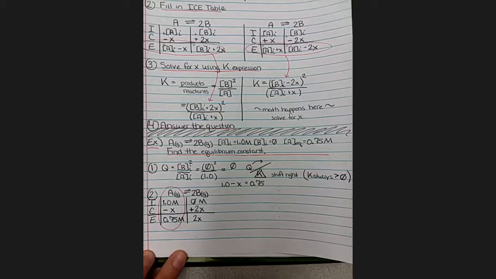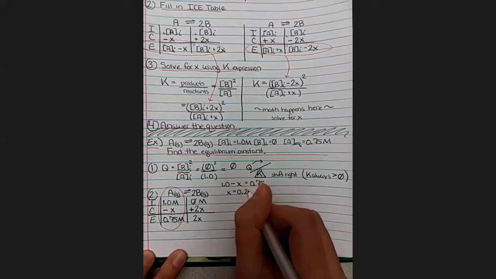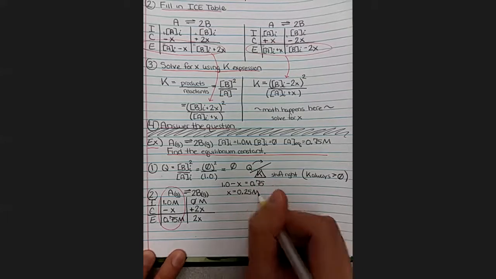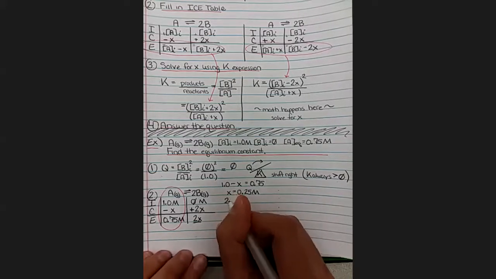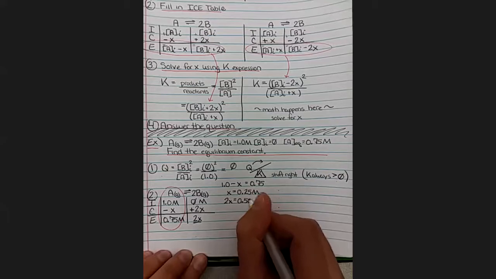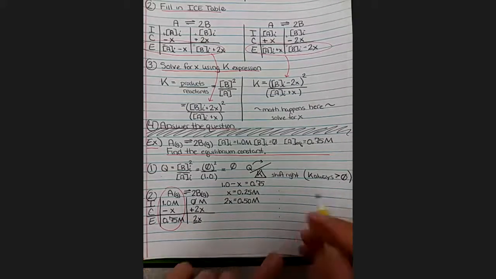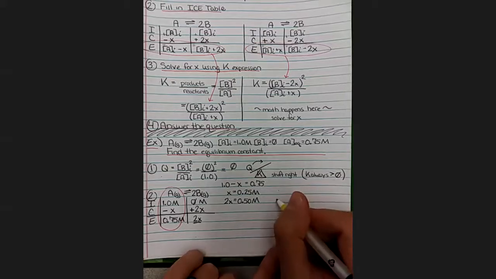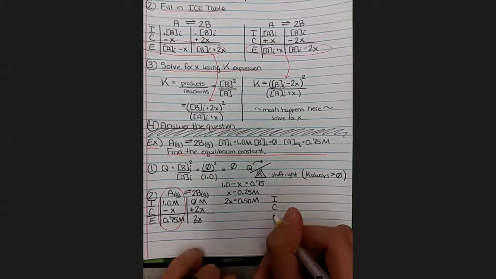So 1 minus X equals 0.75. So X is going to equal 0.25 molar. And we can also solve for 2X, because remember, we're always trying to find everything in the equilibrium line. If X equals 0.25, 2X is going to be 0.5. So now we can go back and fill in our table with the rest of the information, because we figured it out.